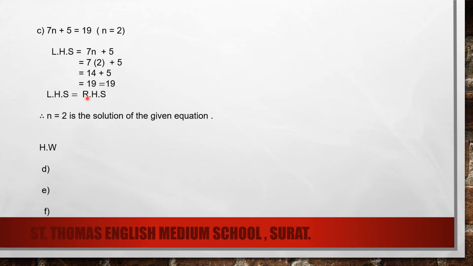So LHS is equal to RHS. So we can say n is equal to 2 is the solution of the given equation. If LHS is equal to RHS, then we can say it is a solution of the given equation. If it is not equal, then you can say it is not the solution of the given equation. Is it clear? Now you can do question number D, E, F as homework.